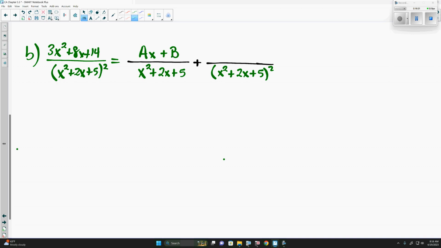What do we think is going to go on top of the second one? Cx plus d. So with the lettering, I just continue on. Since we used A and B in the first one, I'm going to go to C and then D, E, then F, and so on.